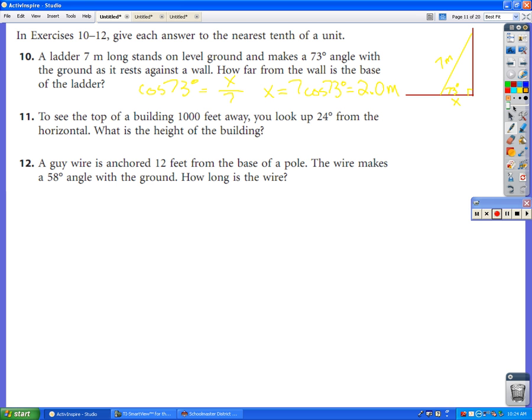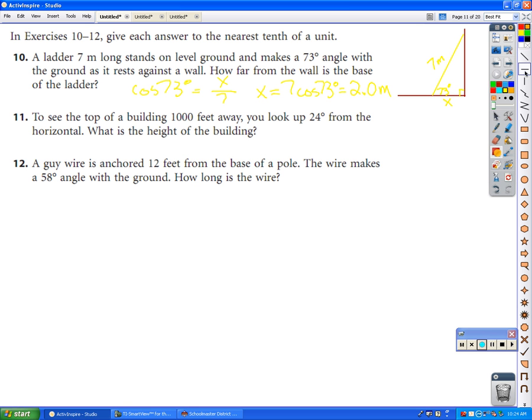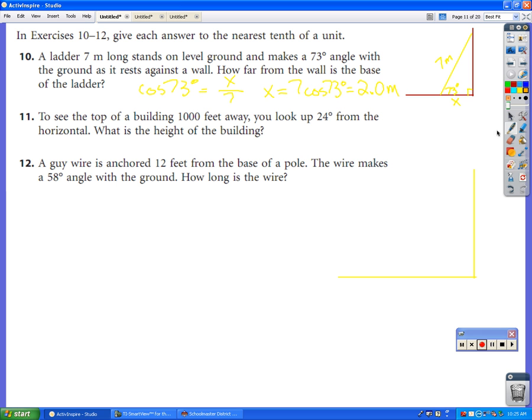To see the top of a building 1,000 feet away, you look up 24 degrees from the horizontal. What is the height of the building? So this is basically the same drawing as we just did. We have the ground, we have the building, and we know we are 1,000 feet away from the base of that building.